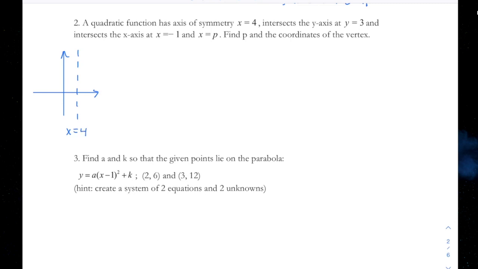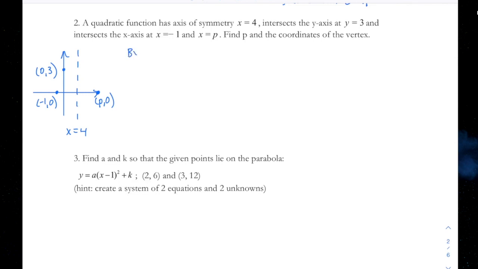And intersects the y-axis at y equals 3. And intersects the x-axis at -1 and x equals p. Find p and the coordinates of the vertex.